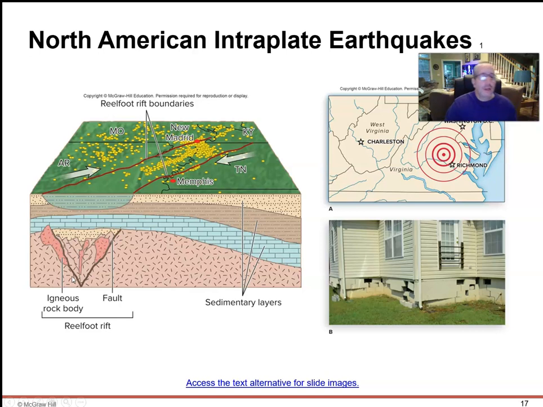It's theorized that at one time in geologic history, millions and millions and millions of years ago, probably billions of years ago, there was actually a boundary here, but it is no longer active. And the crust has formed over this boundary. So it's no longer an active plate boundary, but there are still faults under the ground. So still weaknesses in the rock. So sometimes pressure is released from these faults, and we have earthquakes here along the Mississippi River.